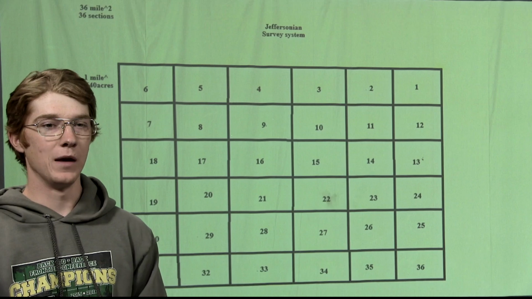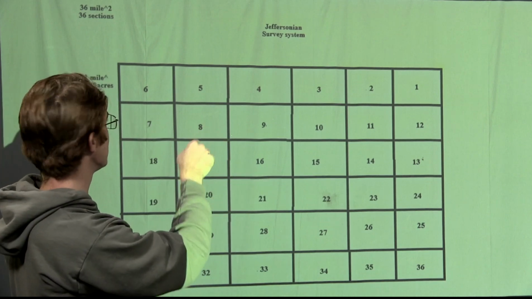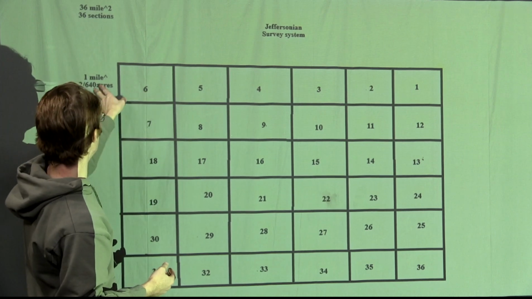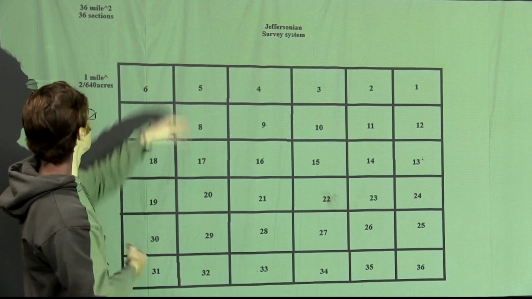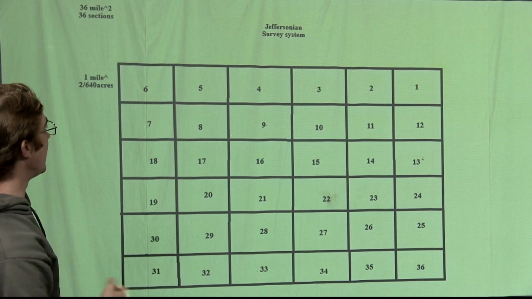Essentially it broke the landscape into 36-section townships. Each section itself is 1 square mile, or 640 acres, and with 36 sections, that's 36 square miles.